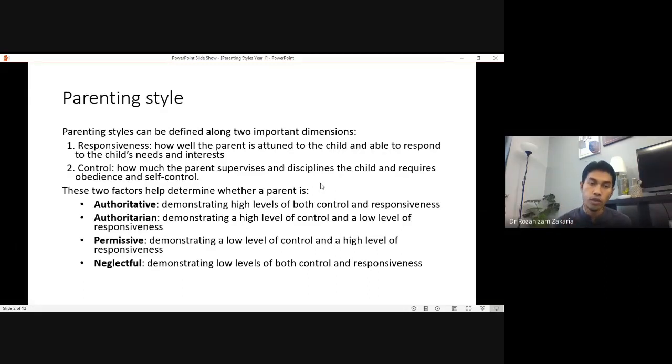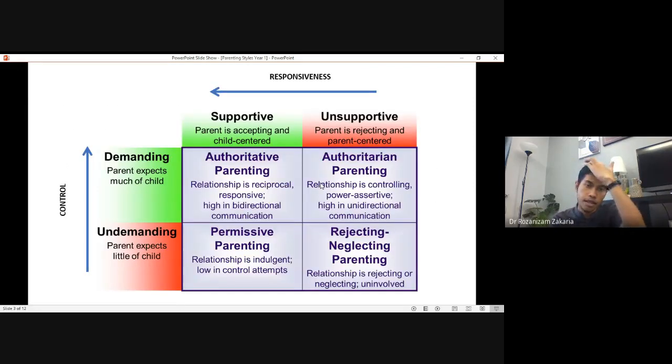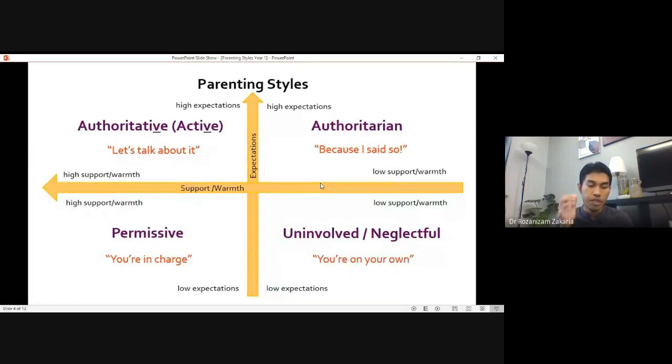The first one is authoritative, second one is authoritarian, third one is permissive, fourth one is neglectful. Now, let me show you this slide, this picture, so that you will be able to appreciate more what I mentioned.